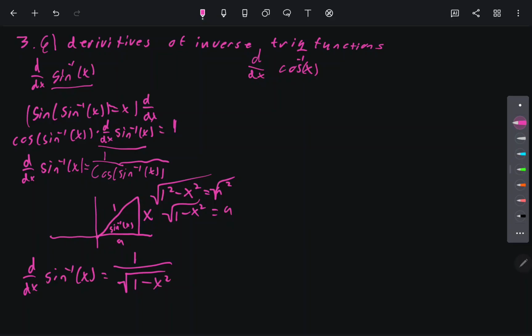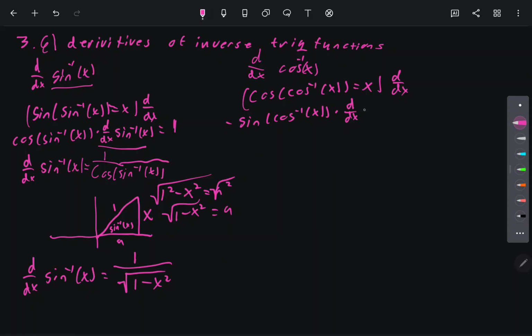Now let's do cosine inverse. So we once again say that we're going to start out with what we know, which is cosine of cosine inverse of x is equal to x. Now we're going to take the derivative of both sides with respect to x. The derivative of cosine is negative sine of the inside function, which is still cosine inverse of x, times the derivative of the inside function, which we do not know.